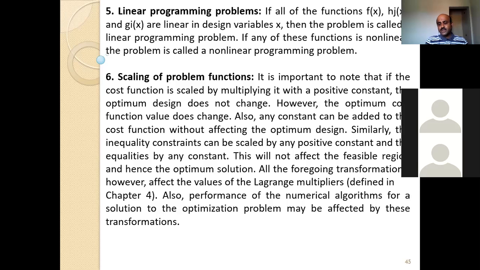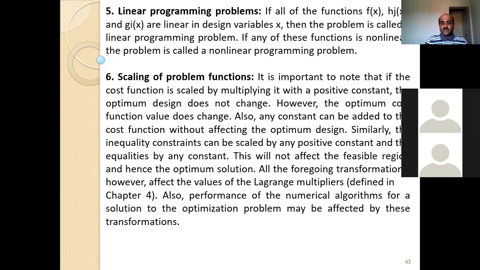It does not make any difference to the optimum design. And you can scale the inequality constraints by positive constants, and equalities by any constant. For equality constraints, you can use anything, whether negative or positive, not an issue. These things will not affect the feasible region and hence the optimum solution.